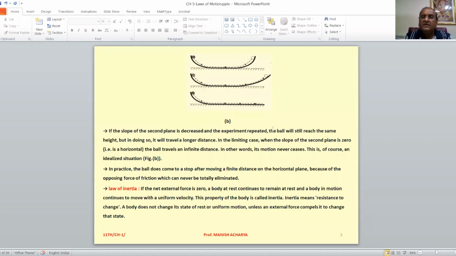Why is it required then? Because some other forces are acting on the body, and he represented here the law of inertia.